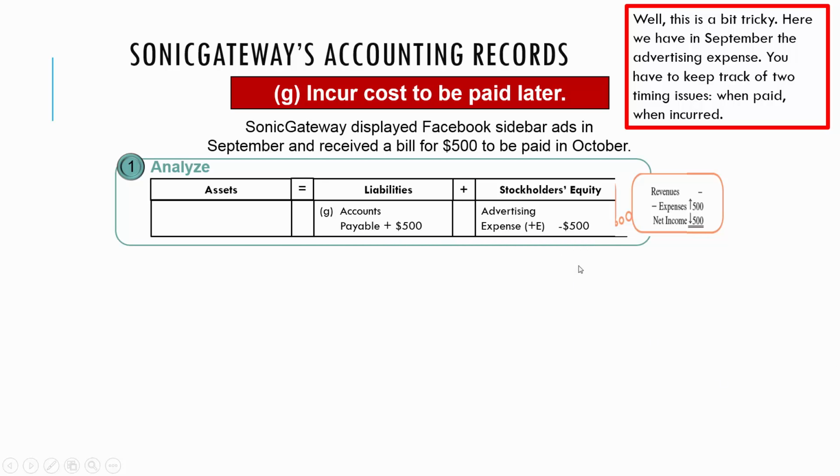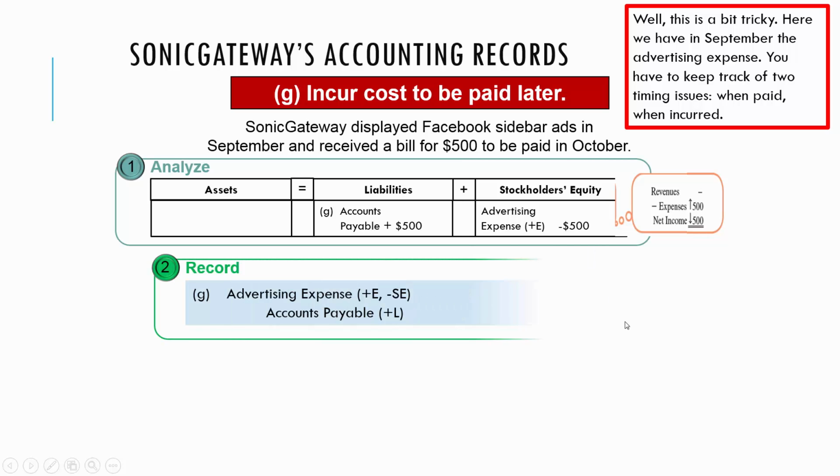So an expense again is a debit. So we're going to debit advertising expense, and we're creating a payable. Now in October we'll take the payable away and we will pay for it with cash. So this liability here is going to go down, and the asset over here is going to go down by the same amount and will be in balance.